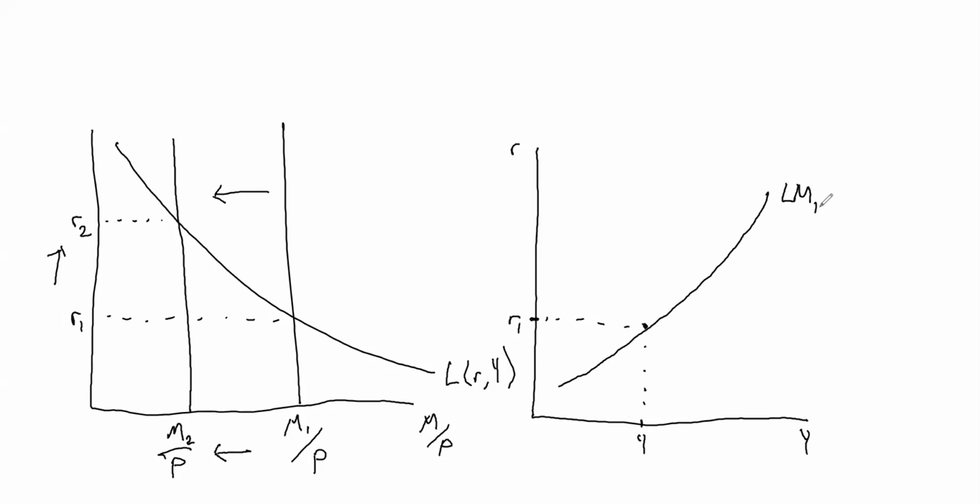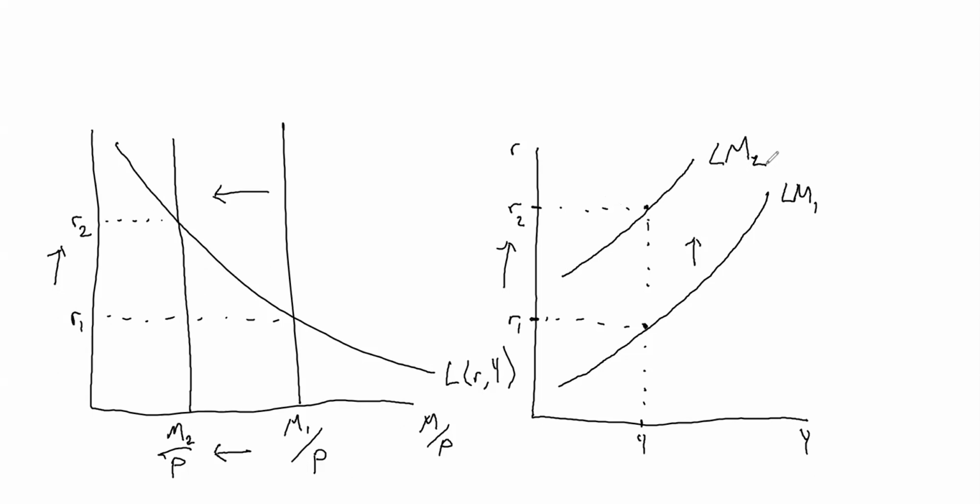But when the Fed decreased the money supply, they raised the interest rate at that given income level. Basically, because they didn't change anybody's income, all they did was increase interest rates. They raised the LM curve. So that now at that income level Y, interest rates were higher. And that shifted the whole LM curve up to LM2.